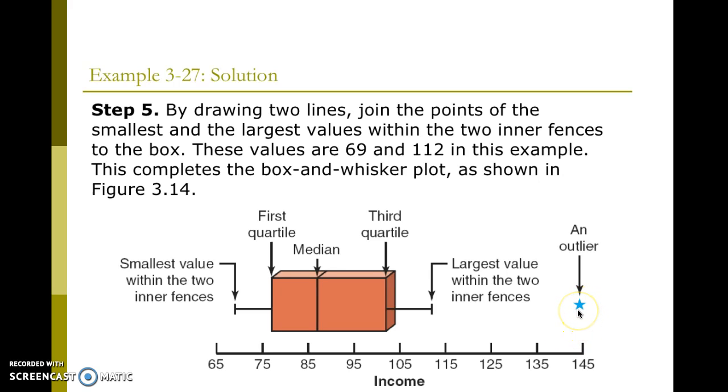You don't have to draw a nice, perfect blue star like that, but just an asterisk or something showing that there was another value in the data set, but we consider it to be an outlier and it's outside of the fences. So it's going to sit out here. So that's our box and whisker plot. Again, the new thing is dealing with those inner fences and making sure that you understand what's going on there.